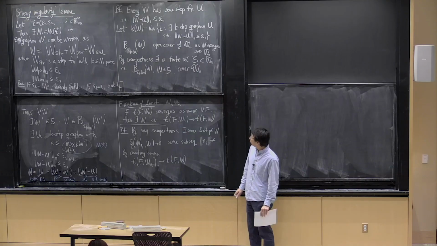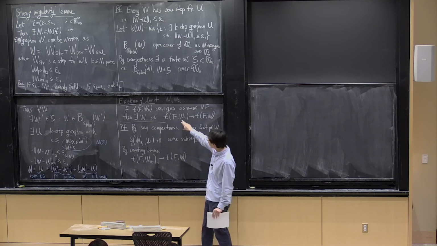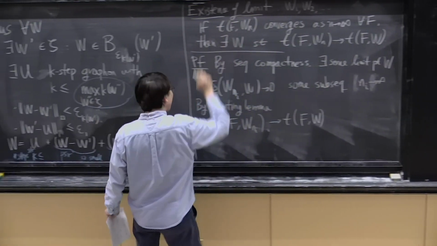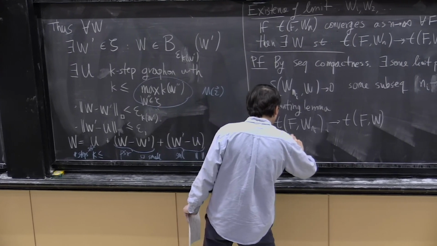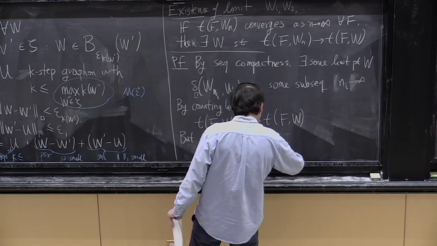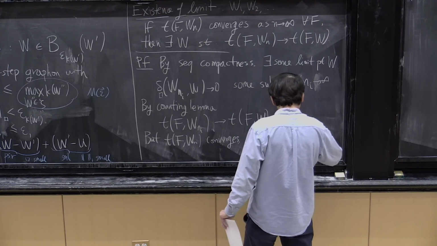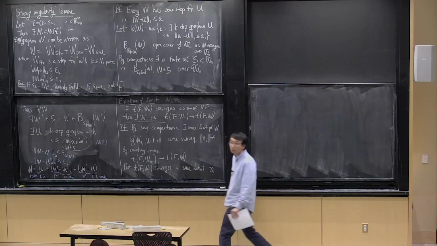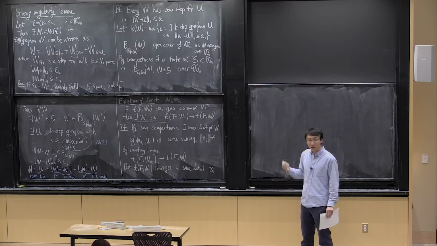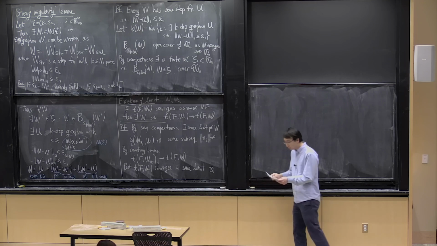So far this is just for the subsequence, but we assumed already that the entire sequence converges for every F density. So it must be the same limit. Okay. And that finishes the proof of convergence. It's a proof of the existence of the limit. So we obtain this limit from compactness.